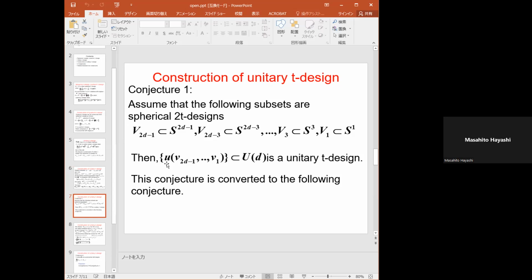Indeed, I also made a draft for this conjecture, but later I gave up because that conjecture was already discussed by that person.